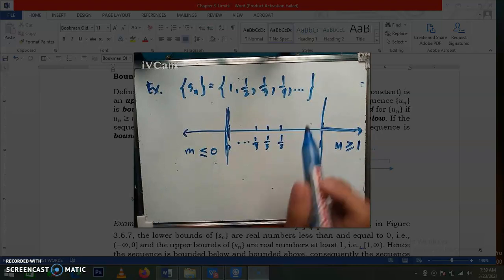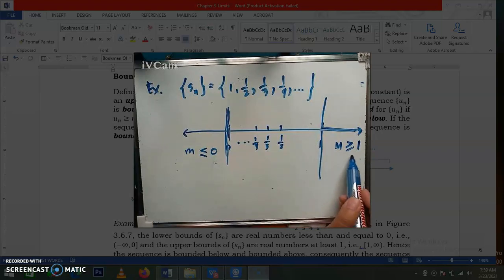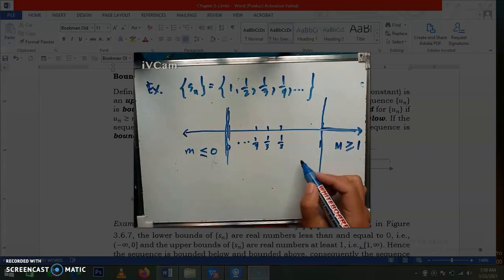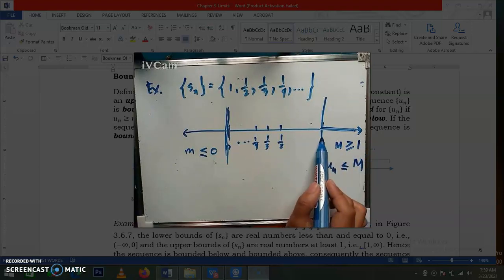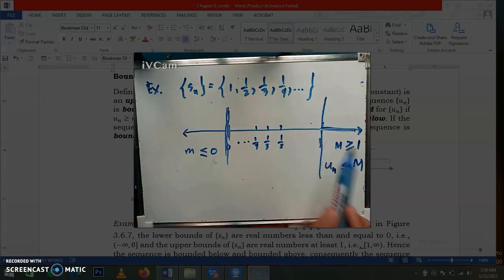Follow? If you use the definition of bounded above, take note that u sub n here is less than or equal to M. Why? Because M is greater than or equal to 1, and of course, the sequence is up to 1 only. Follow? So u sub n is less than or equal to M, because M is greater than or equal to 1.